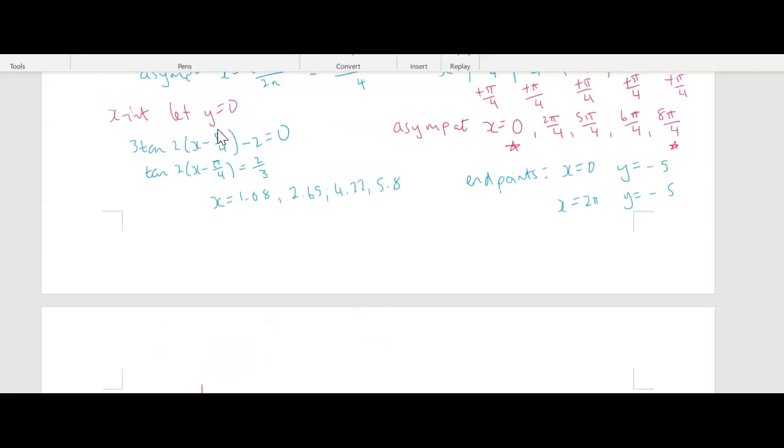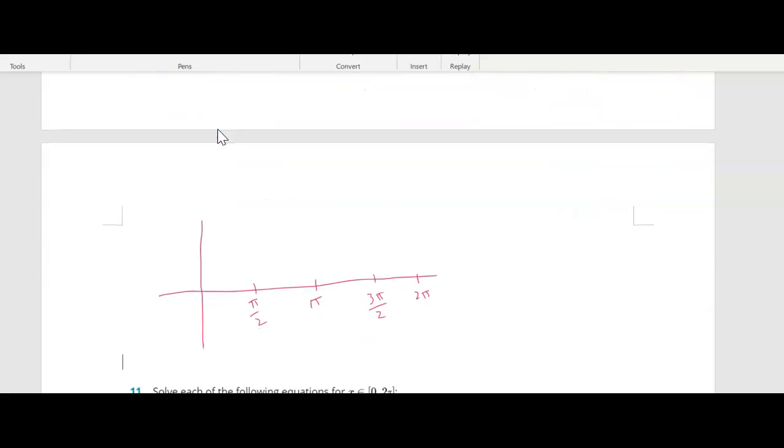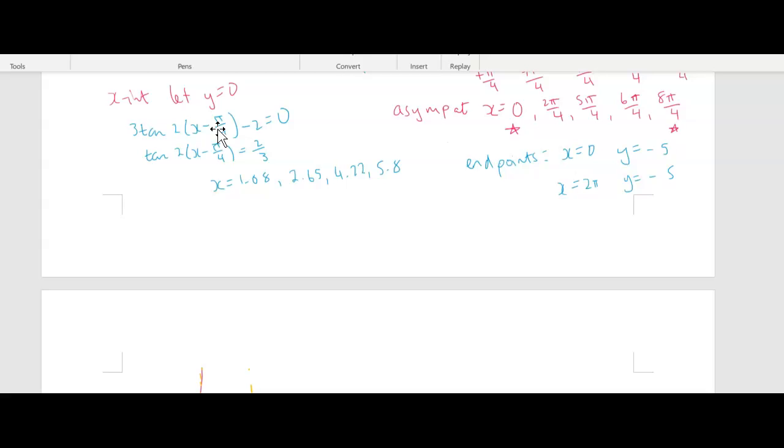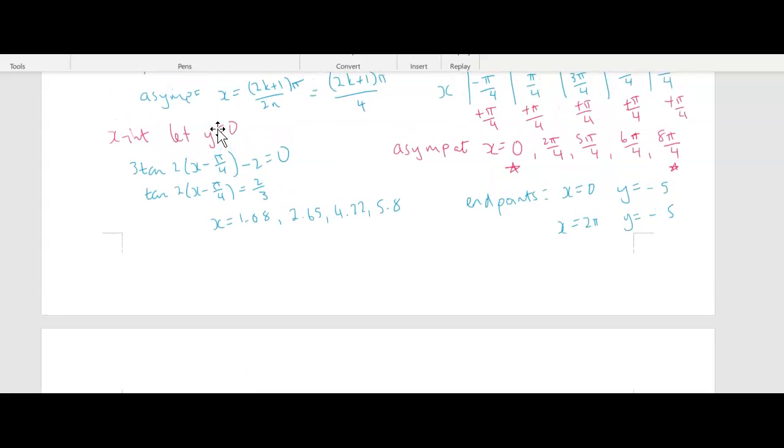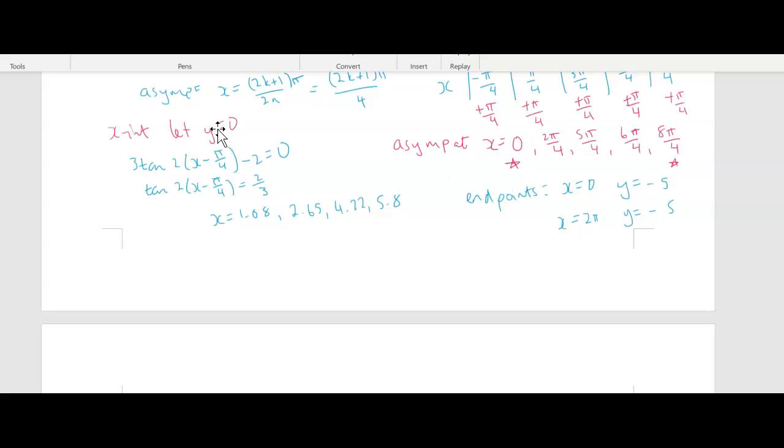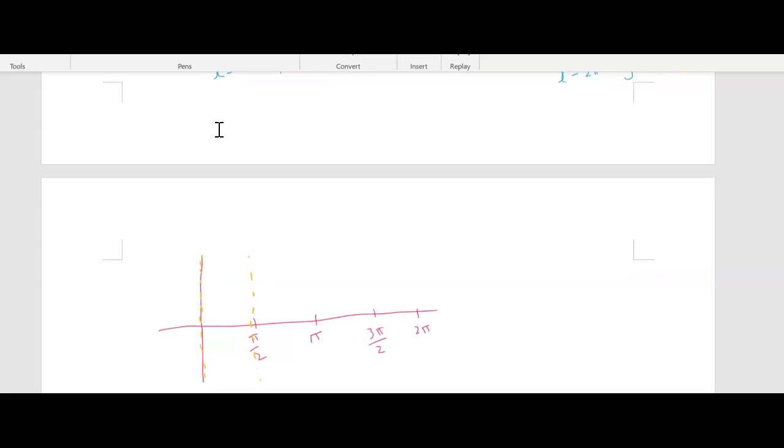Actually, x is 0 is our first one, so I'll do that, sorry. Then we've got pi on 2, and then 5 pi on 4.